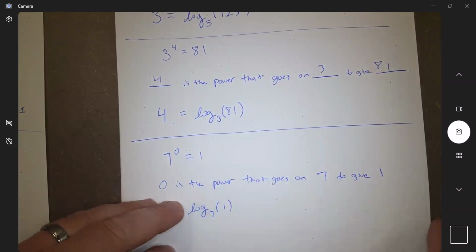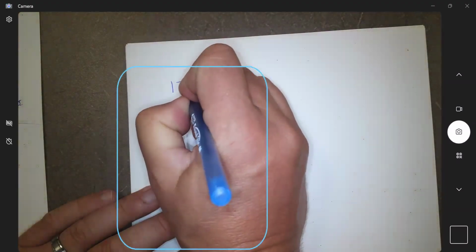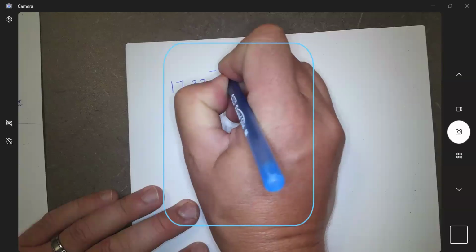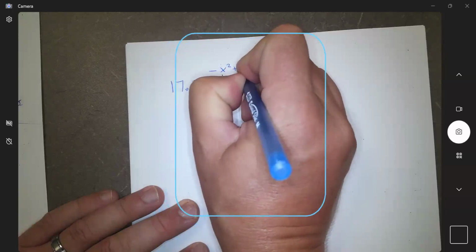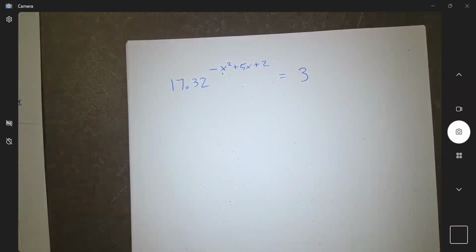I'm gonna give you a super duper complicated one. 17.32 to the power of negative x squared plus 5x plus 2 equals 3.